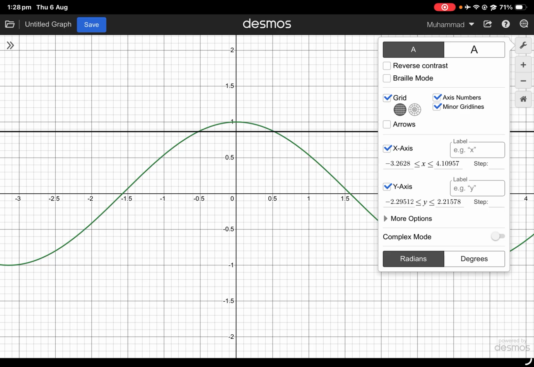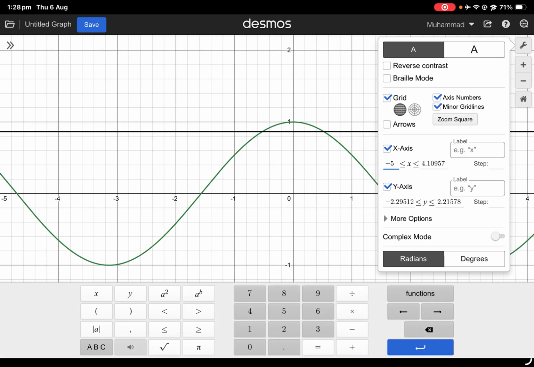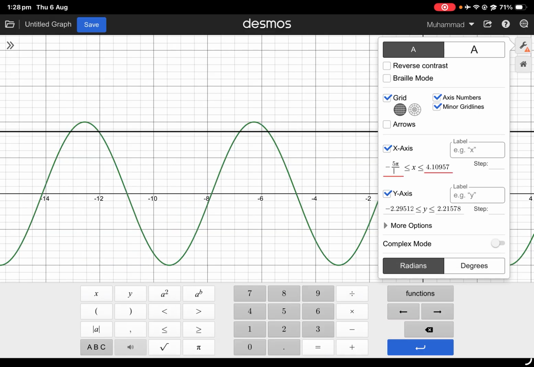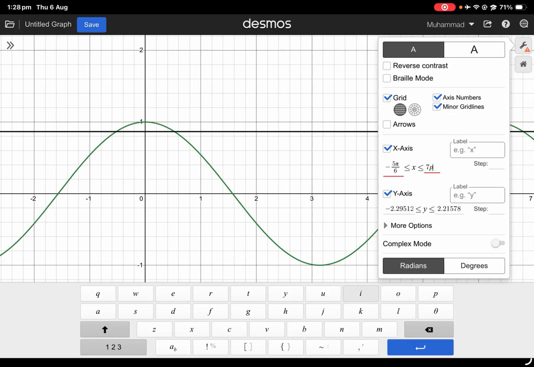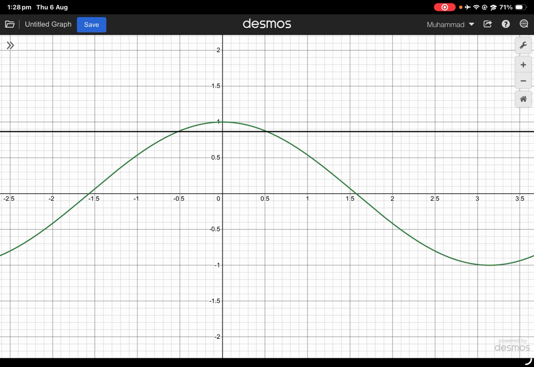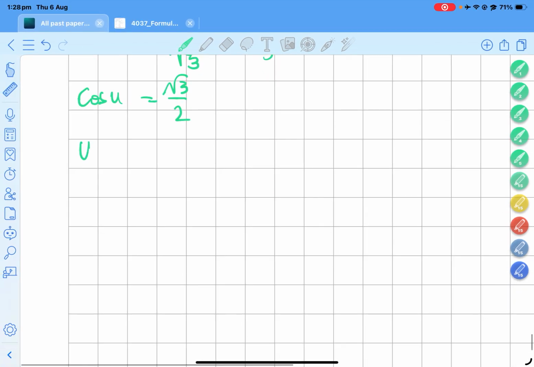So u must be from minus 5 pi over 6 to 7 pi over 6. So the only two solutions are minus pi by 6 and pi by 6. So u is equal to minus pi by 6 and u is equal to pi by 6.